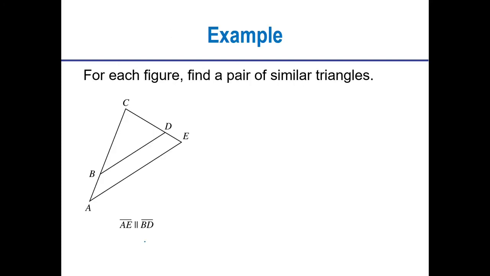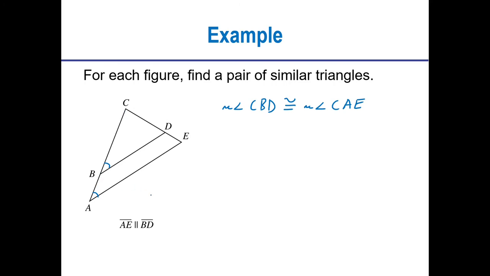For each figure, find a pair of similar triangles. Here we're given that the line segment AE is parallel to the line segment BD. So we know by one of our properties that this angle must be congruent to this angle. So the measure of angle CBD is congruent to the measure of angle CAE, because these two lines are parallel and cut by a transversal.